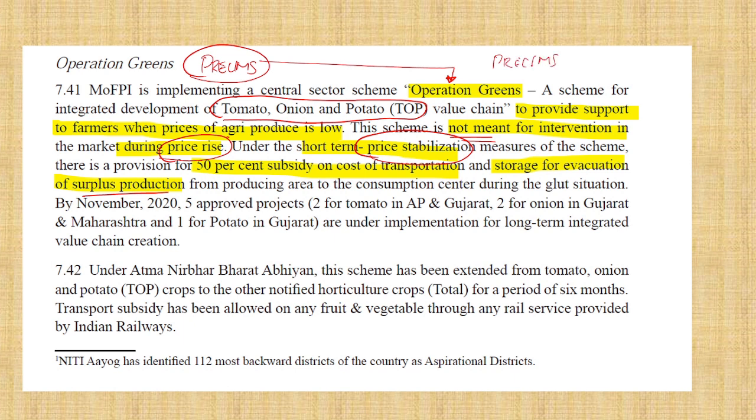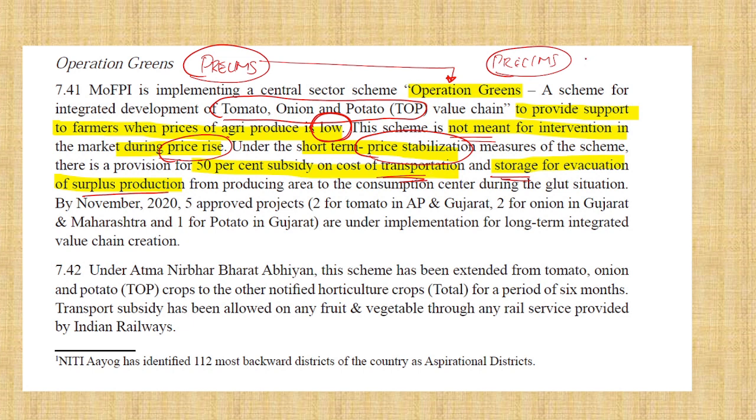You should understand this. The question in prelims will be like this only. When the price is high, Operation Greens will not do anything. When the price is low, that means production has increased rapidly. So I will use this price stabilization mechanism for storage, for transport, for helping them get their value. This is Operation Greens.